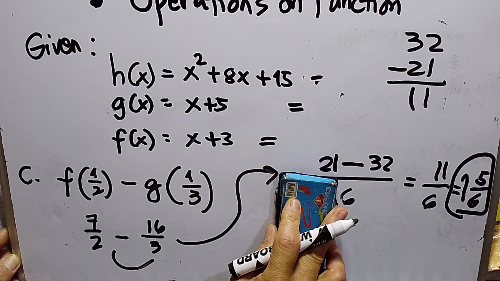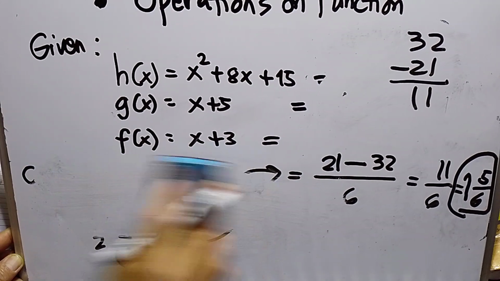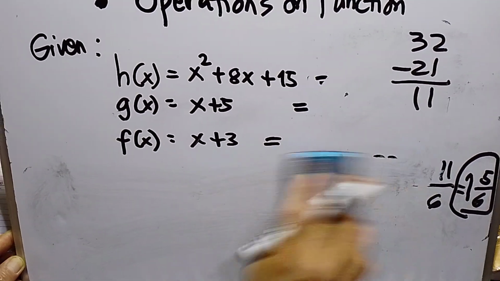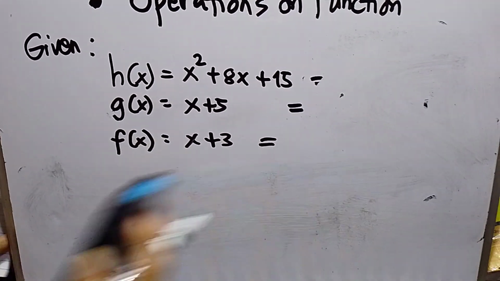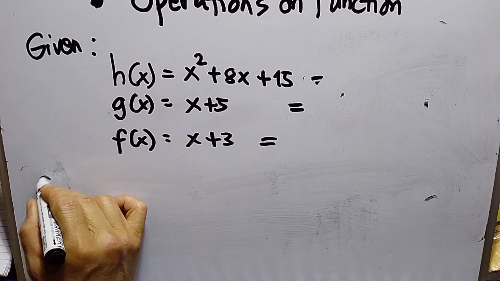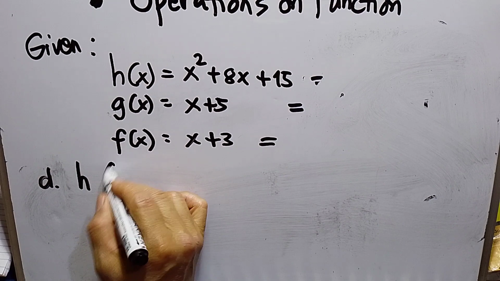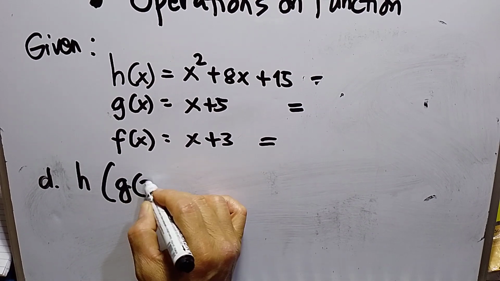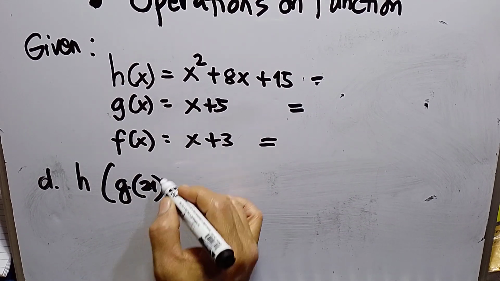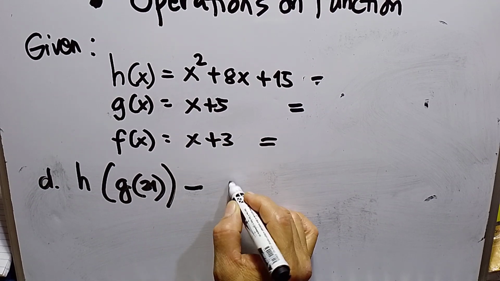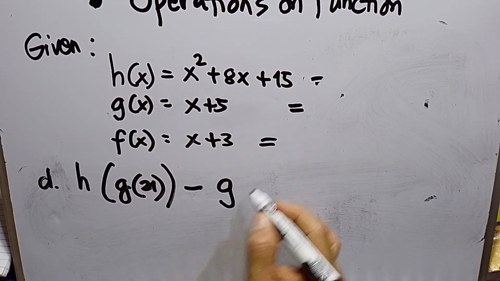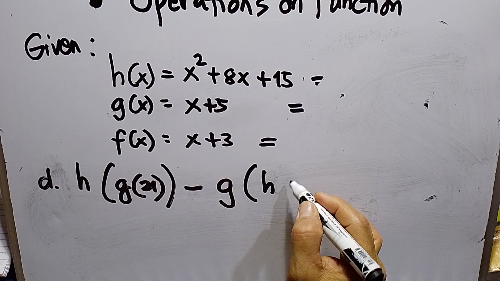Now let's proceed to the last letter, letter D. Letter D is h of g of 21 minus g of h of 3.